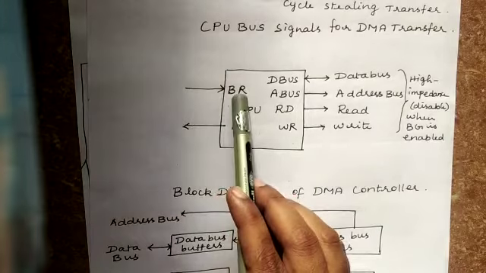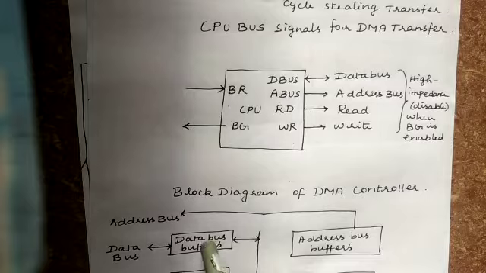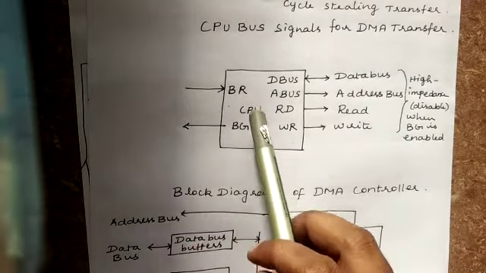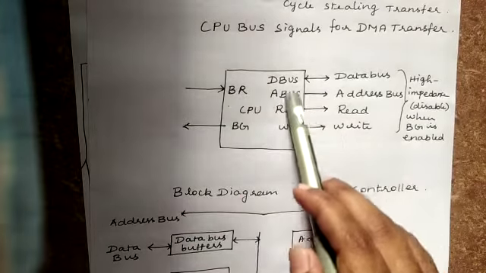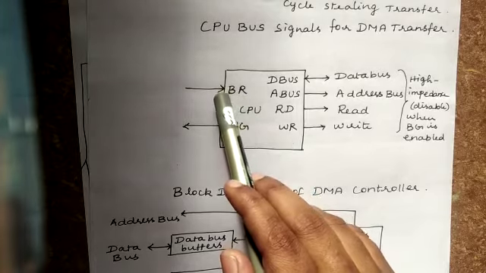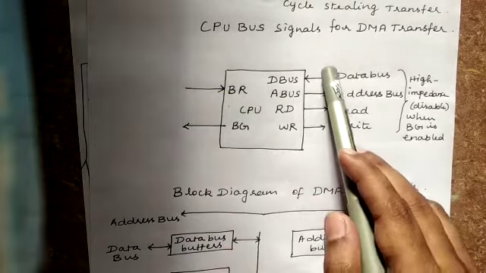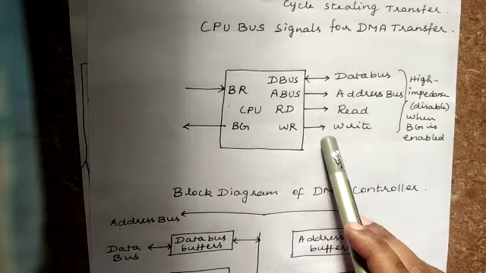I'll tell you what the bus request and bus grant are. Whenever the DMA wants to perform its own operation, it will send the bus request line to the CPU in order to release all the control signals. Whenever the CPU receives this bus request line, it will release all these control signals. How does it release all the control signals?